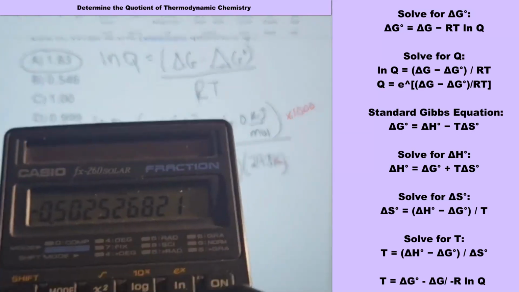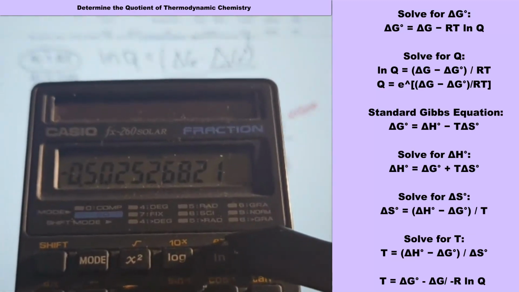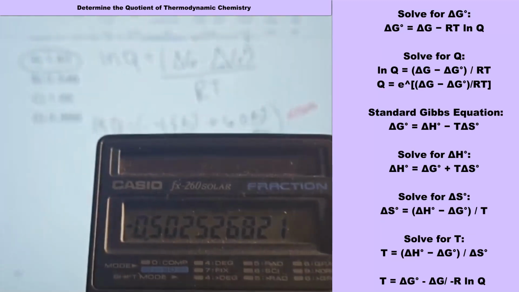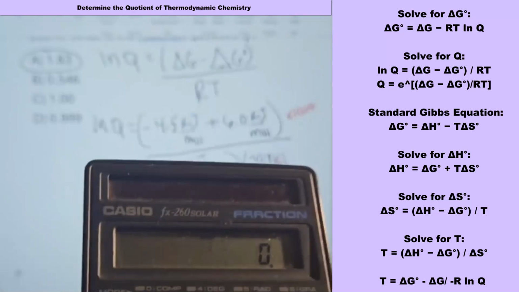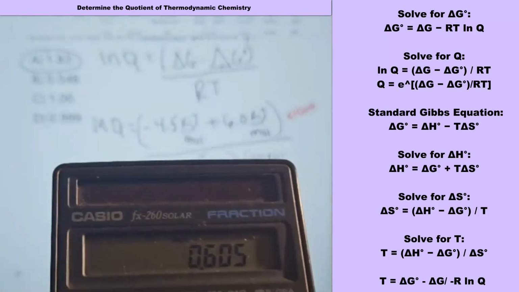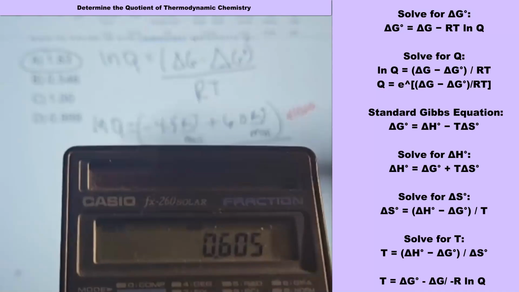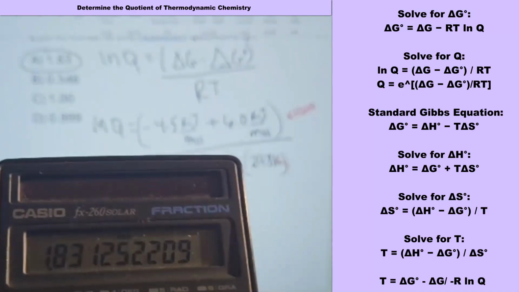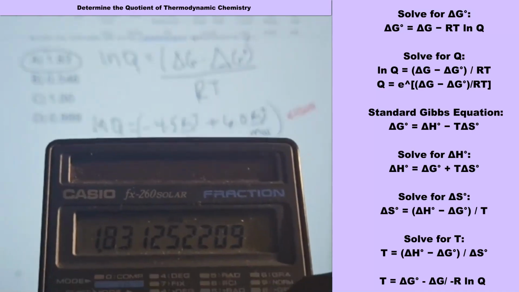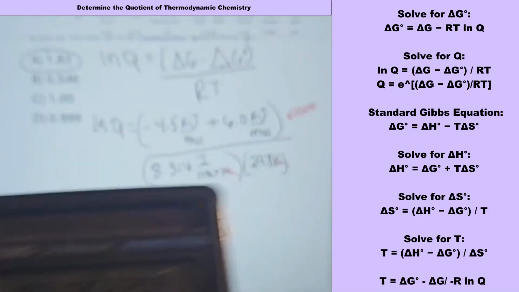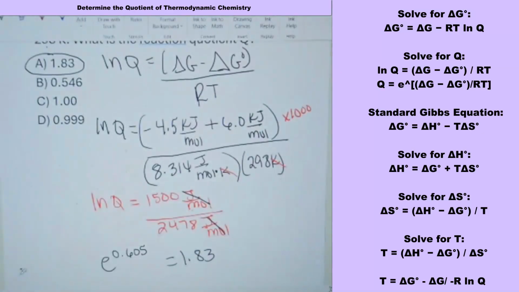If you look behind that key though, you see that little e^x? You have to use that number instead. So 0.605, shift on my calculator, e^x right there, gives you that 1.83. So letter A is the answer.